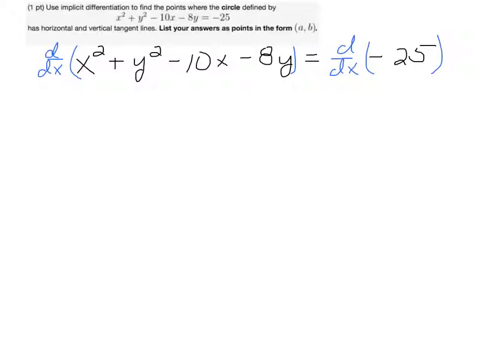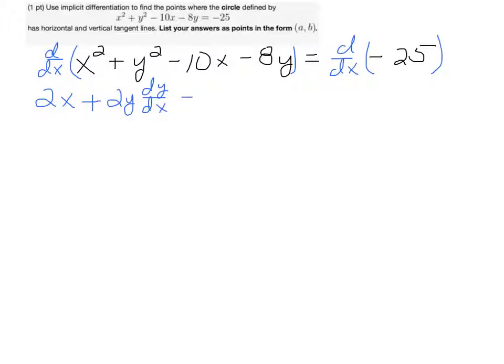Okay, so I'm going to push this derivative through the left-hand side, and as I do that, I'm going to differentiate all the x terms just as you normally would using the power rule, and then I'm going to implicitly differentiate this y squared term, and we get 2y dy/dx because I'm implicitly differentiating.